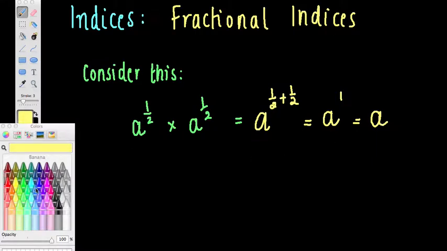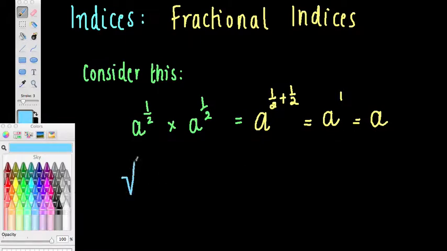So if I look at this in more detail, this means a number multiplied by itself gives me a. Can you think of what we call this number? What do we call this here? We're looking for something that's multiplied by itself to give me a.